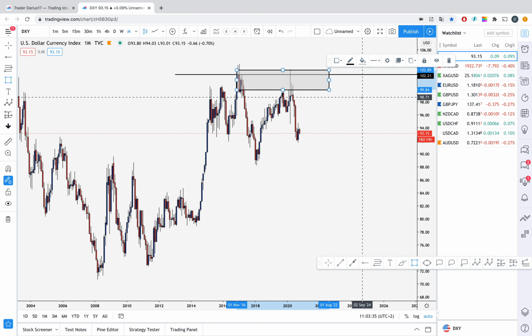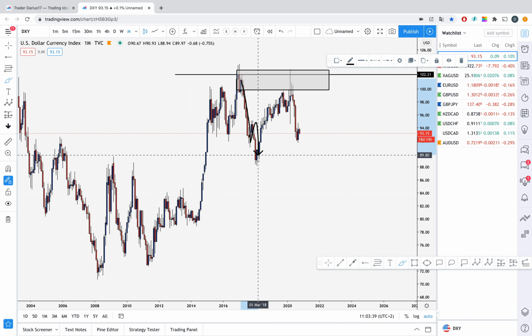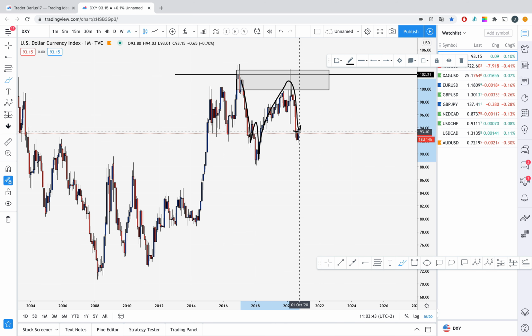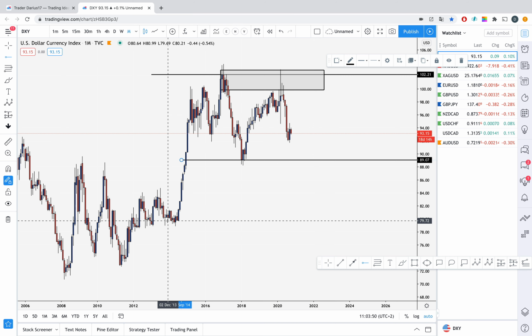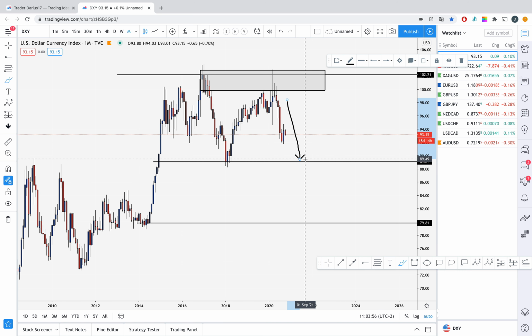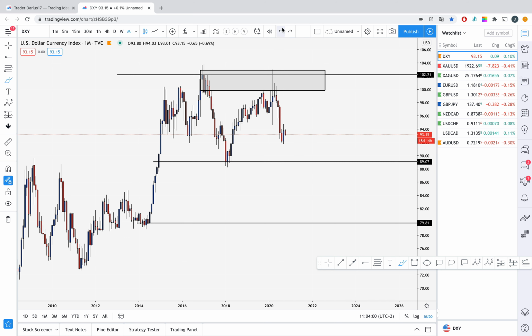This area was in the first place responsible for this huge move to the downside, then price came back to it and again a huge drop. My first take profit is this one over here and my take profit number 2 is over here. So this is what I do expect. First hit this level, then let's see how the price will react to this area and then boom, again a drop to the downside.